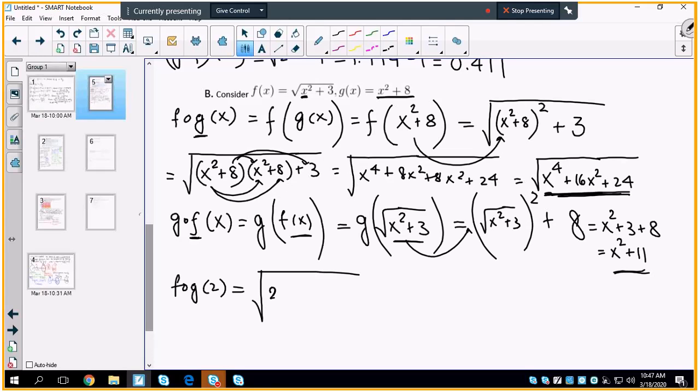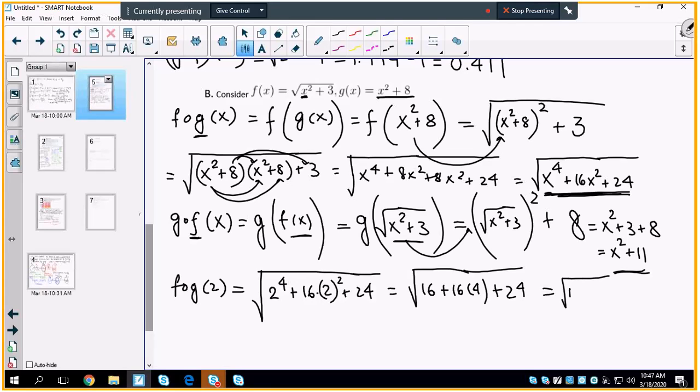You get 2 to the power 4 plus 16 times 2 squared plus 24. 2 to the power 4 is 16, plus 16 times 4, plus 24, which gives 16 plus 64 plus 24. When I simplify that, 16 plus 64 is 80, plus 24 is 104. And I don't have to simplify that any further because the square root of 104 is not a perfect square.